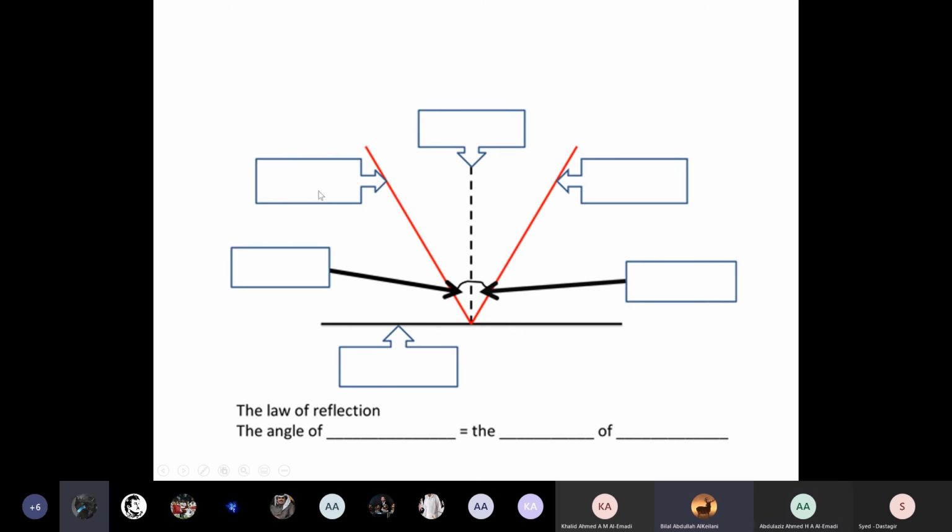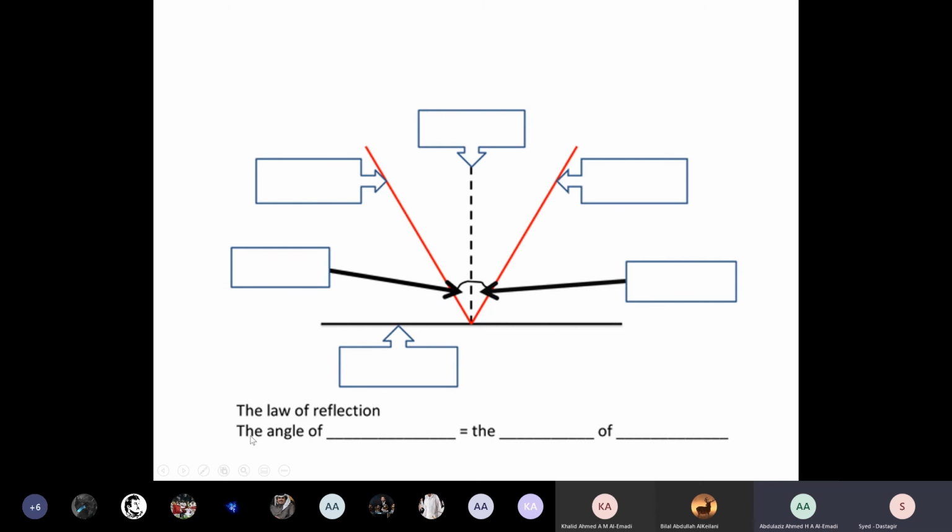The incident ray. Yes, correct. And what's this one? Normal. Thank you. And what's this one? Reflected ray. And what's this one? Angle of reflection. Thank you. It's the back of the mirror. Mirror. Okay, so who can help me fill this in?